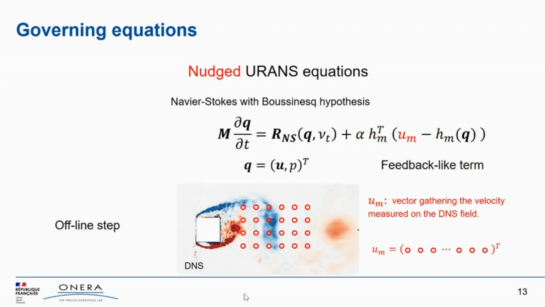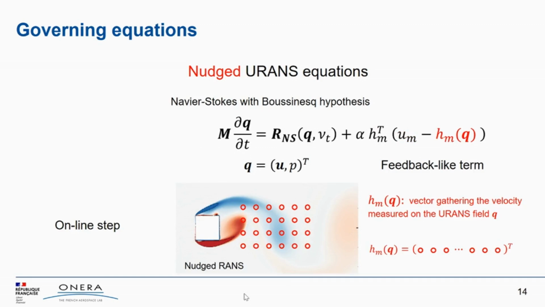So to go a bit more into details into that vector, in our case, we have decided that we will make pointwise measurements at the points shown, for instance, here with the red dots. And so UM is basically a vector that gathers all the velocity measures at those points. And this is an offline step, meaning that once you have the DNS, you can gather this vector for all the times where you want to nudge the equation.